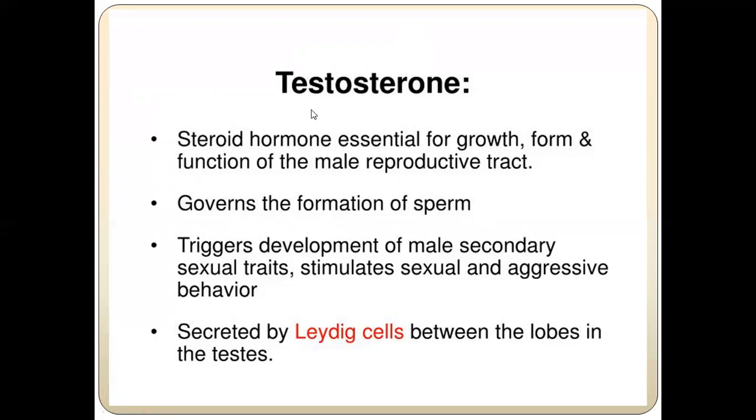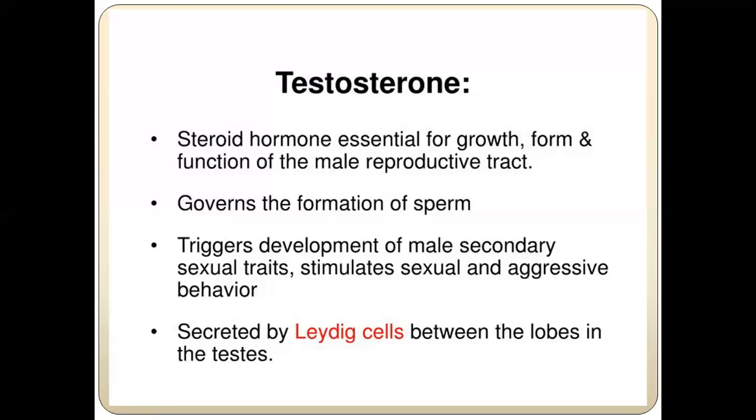Is it clear? Testosterone. Now, what is the function of testosterone? It is responsible for the development of secondary sex characters of male, and these secondary sex characters are developed after puberty. With the passage of time, this testosterone hormone decreases. Testosterone decreases the hair growth on the head. Mostly you have seen baldness in males, not in females.